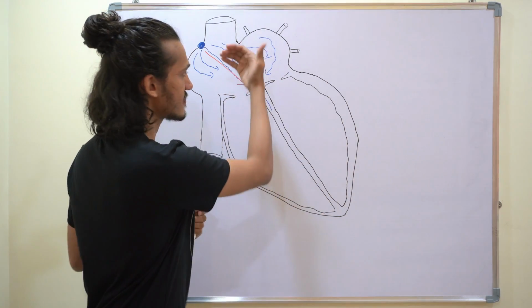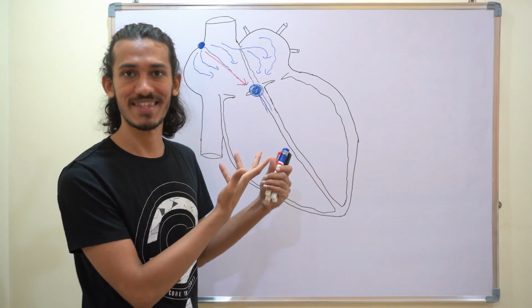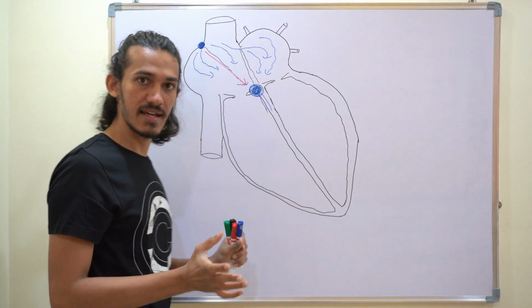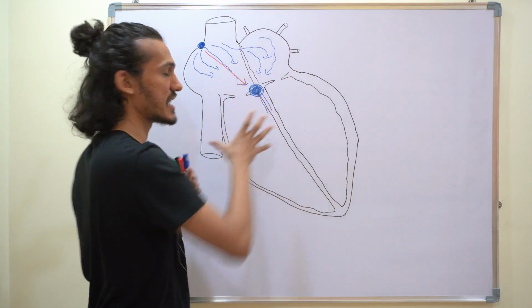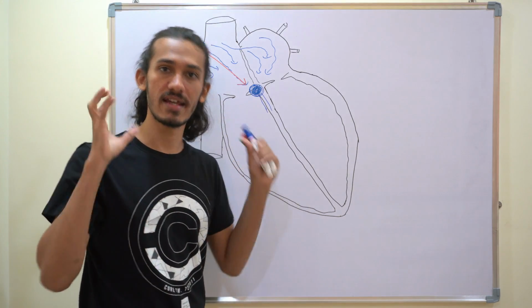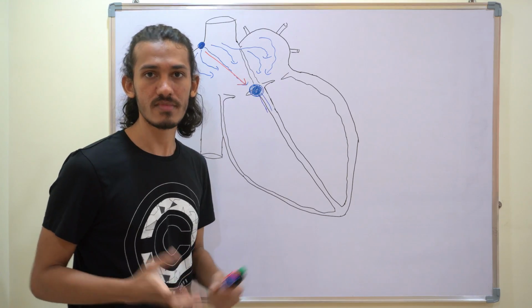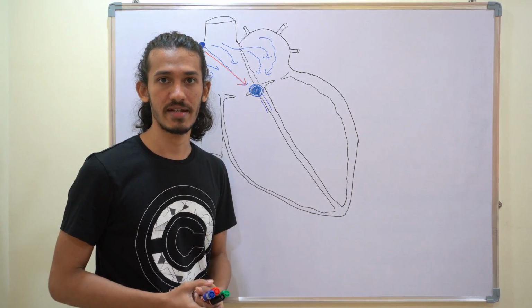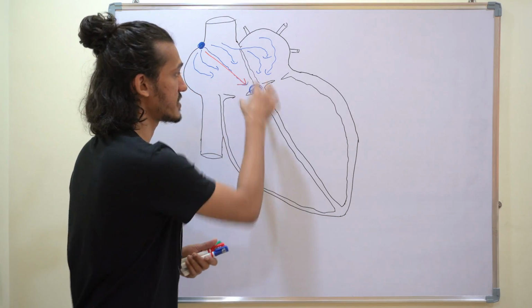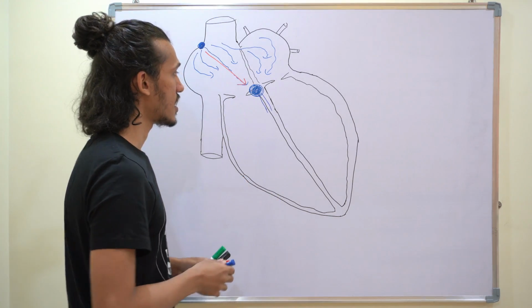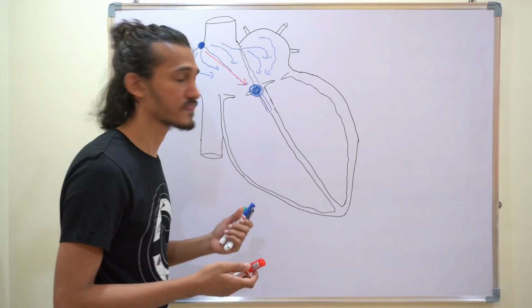To prevent that, we have a system where there is an AV nodal delay which makes sure that the atria is properly depolarized so that it can contract properly, and only then can the ventricle start contracting, right?